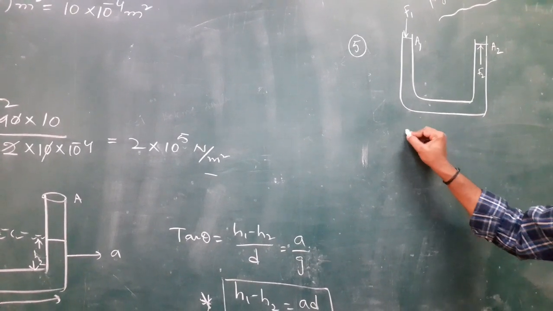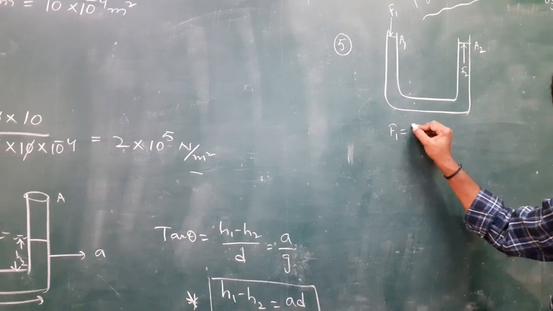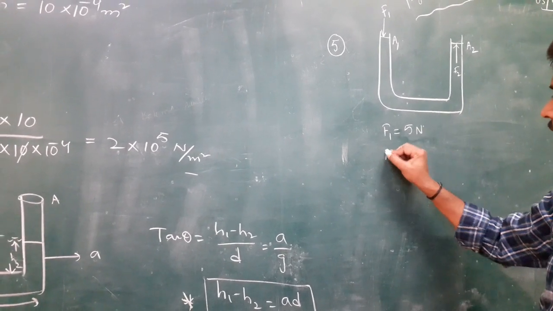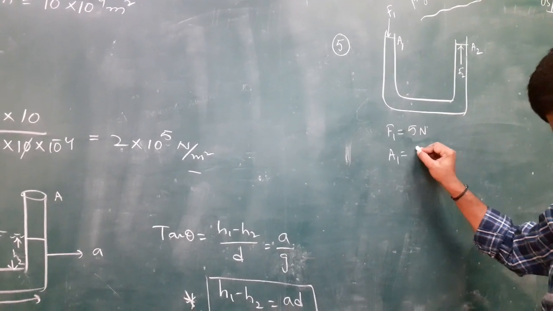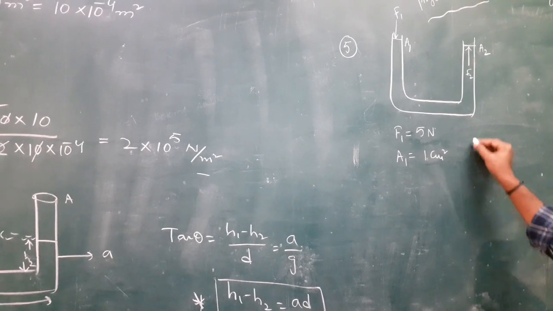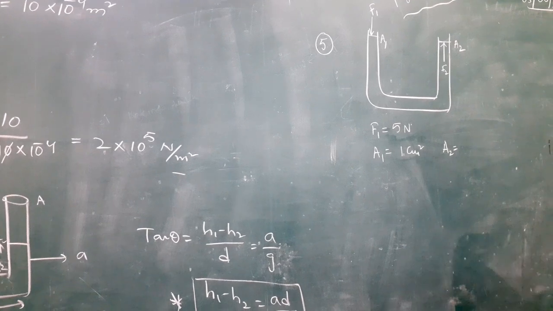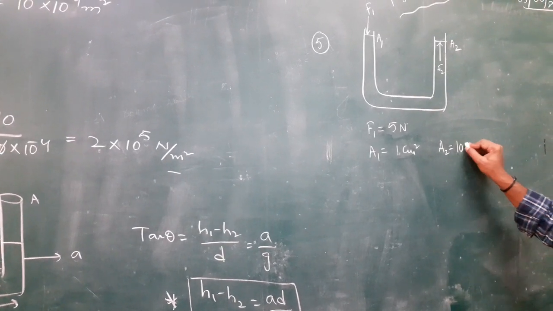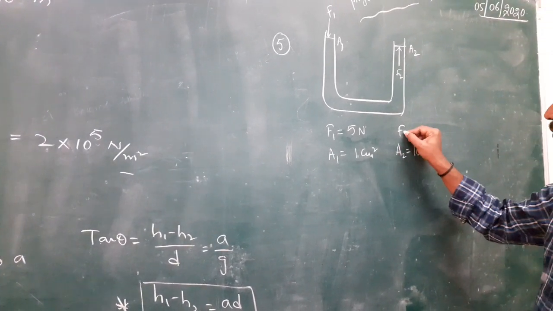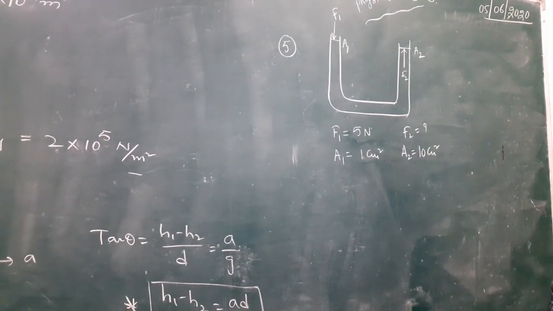Here F1 is equal to 5 newtons, A1 is 1 centimeter square, and A2 is the area of cross section of the other arm, that is 10 centimeter square. What is the force transferred to the second end?